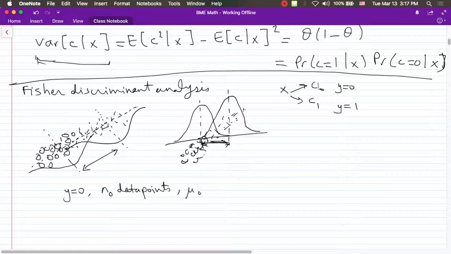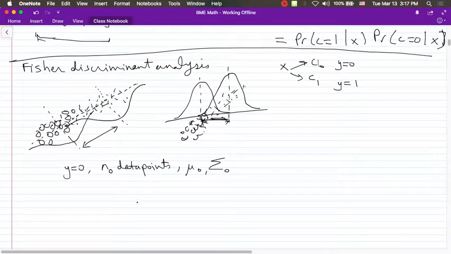They have a mean mu 0 and they have a variance covariance matrix of sigma 0. I'll show you guys how we can define these. And then we have another class, y1, where I have n1 data points, where its mean is mu1 and its variance covariance is sigma 1.